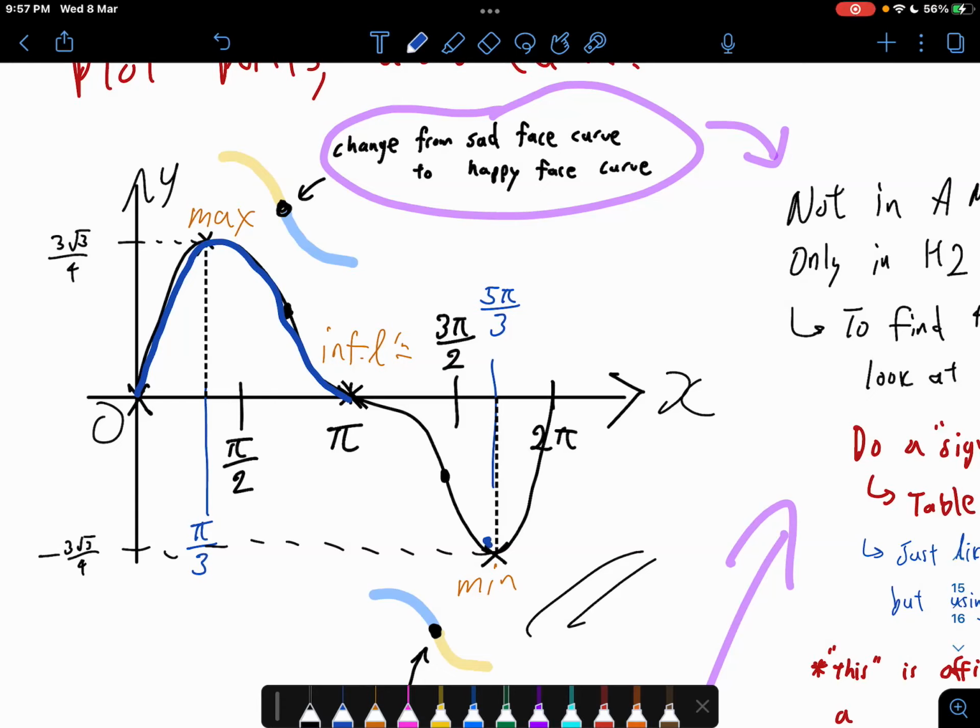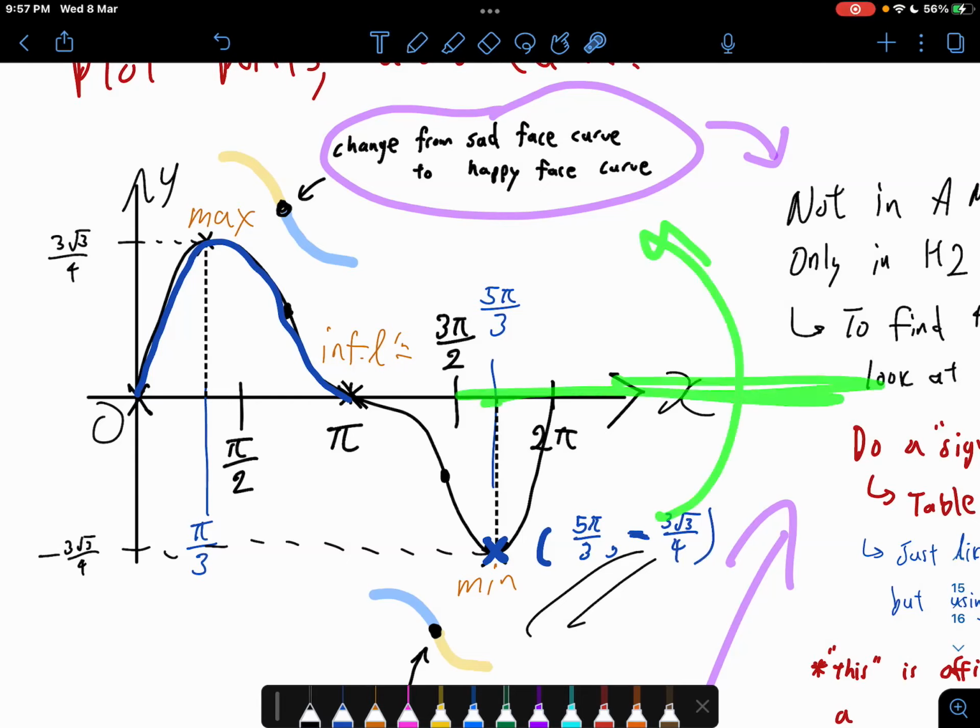Take note that this particular point here was 5 pi over 3 comma negative 3 root 3 over 4. If you reflect it on top, what value does it become? Mirror, reflect.